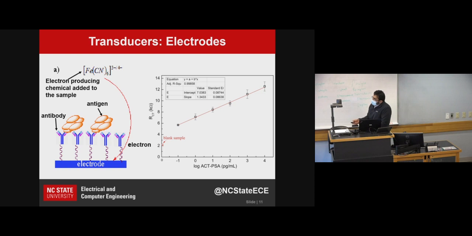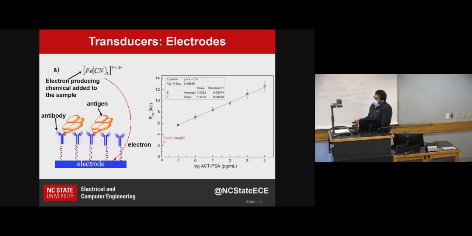Okay. So if you have an electrode which has these antibodies attached to it, this surface has become selective to this particular antigen because you have modified it with that particular antibody. Now when you put the sample in, the antigen, which is the analyte, will come and interact with your antibody.